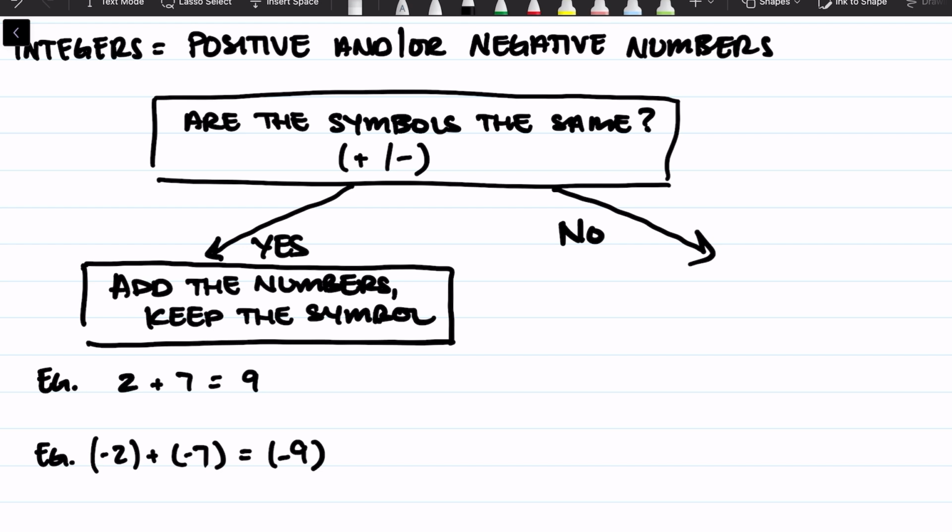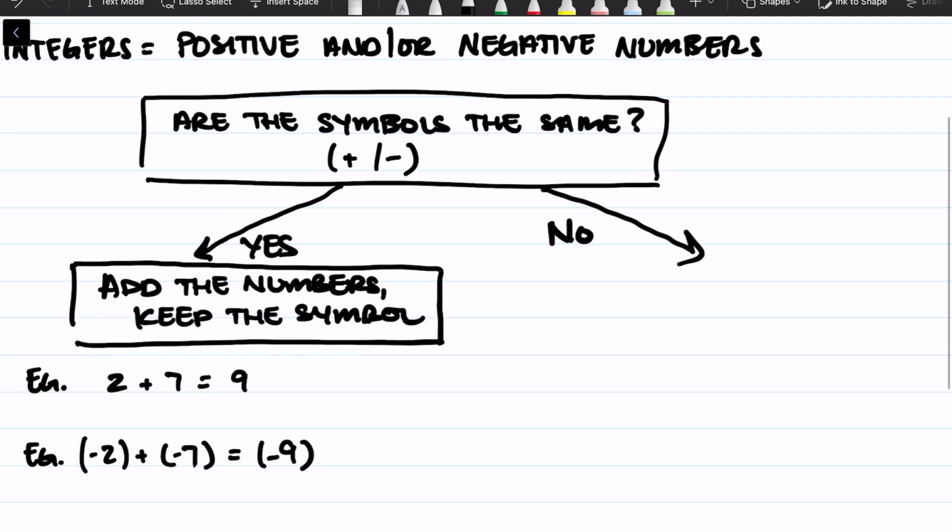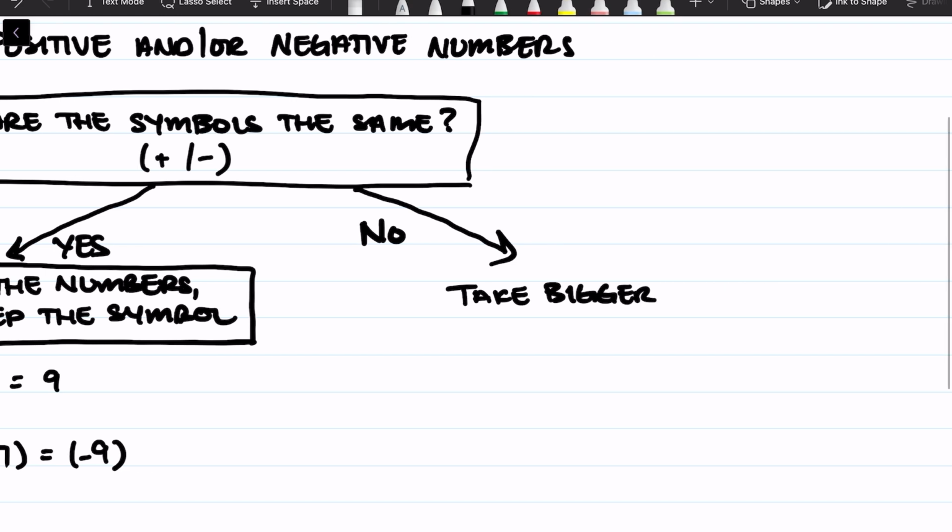So this is where it feels like it gets a little bit trickier, but it actually is pretty straightforward. So take the bigger number, then subtract the smaller number.